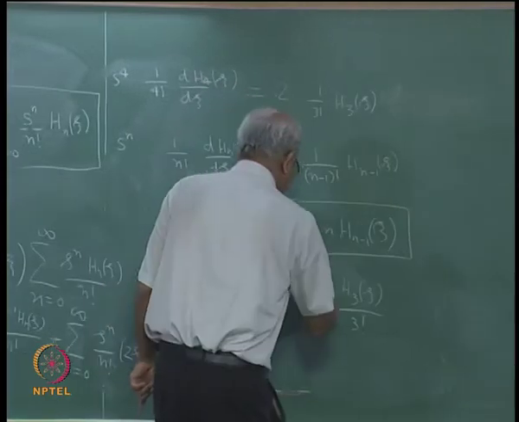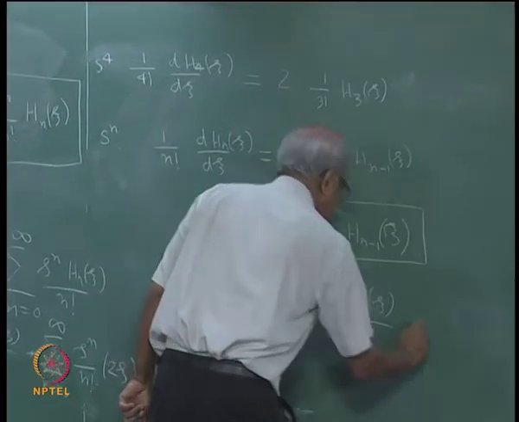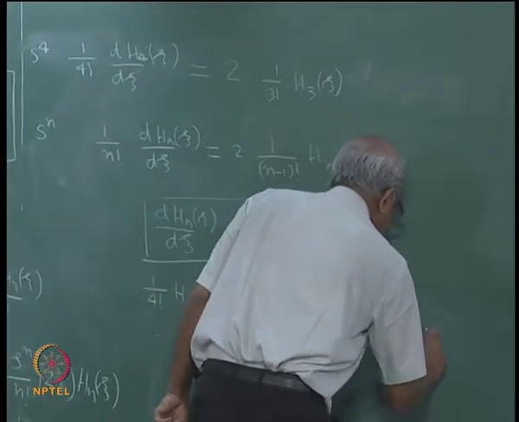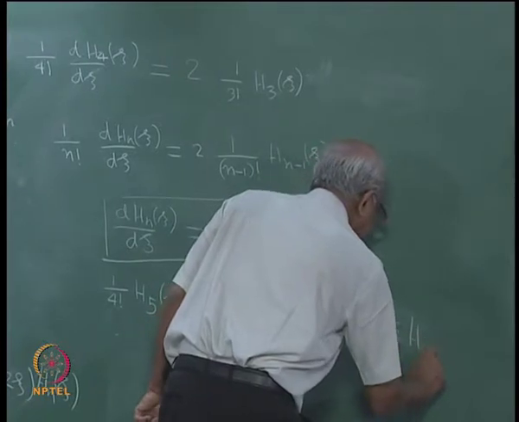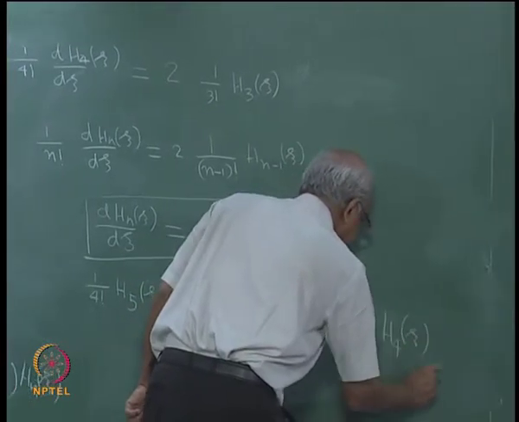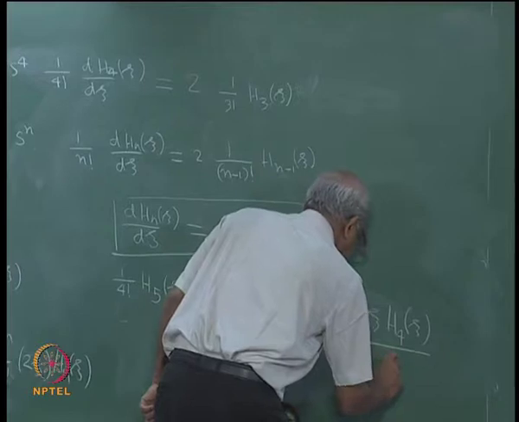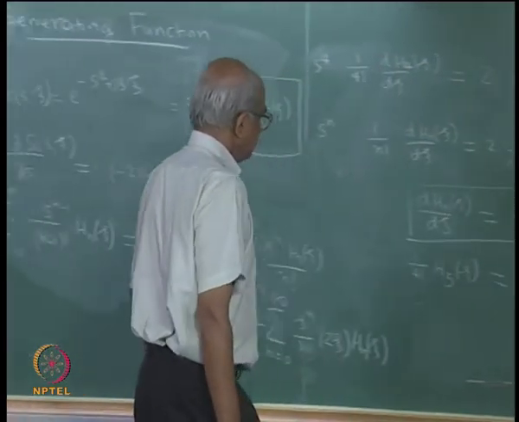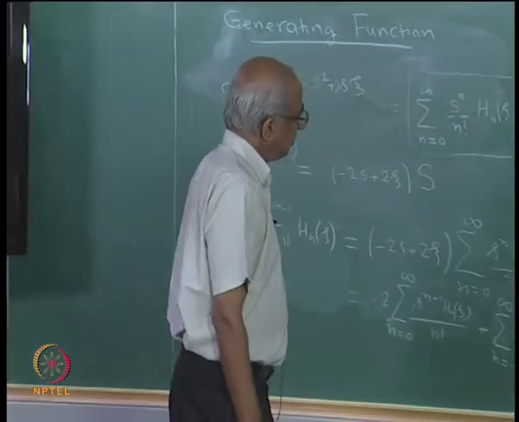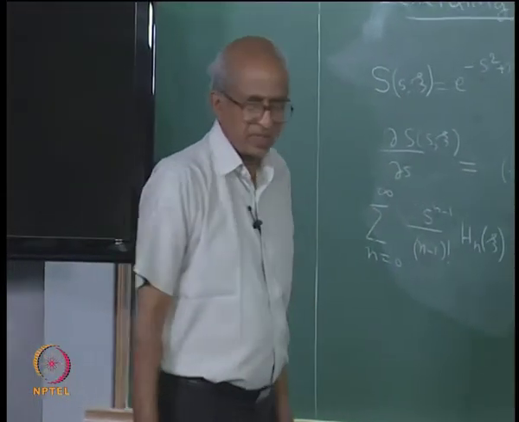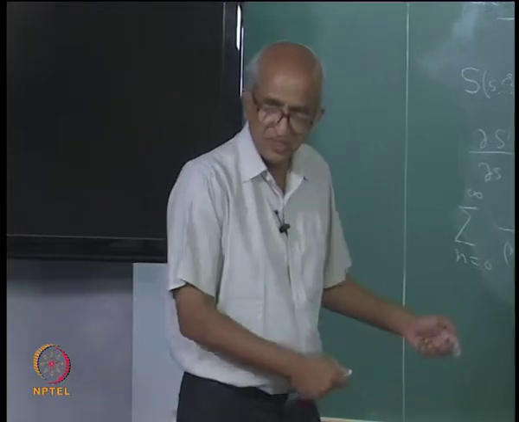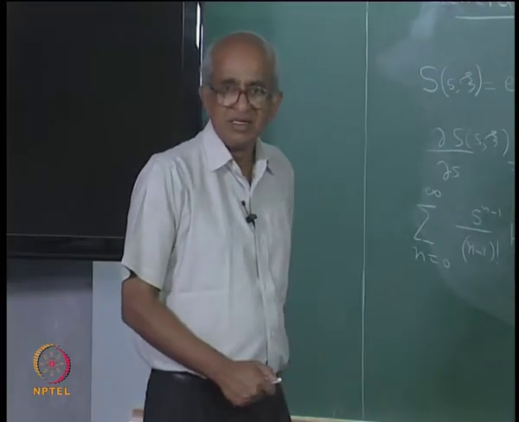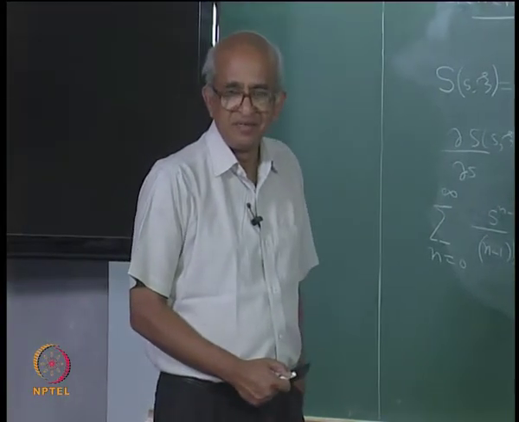So, oh, there is a minus 2 here, thank you for reminding me, plus 2c H4 of C divided by 4 factorial. Is that okay? I hope there are no mistakes. In fact, I am tempted to check it from the book.